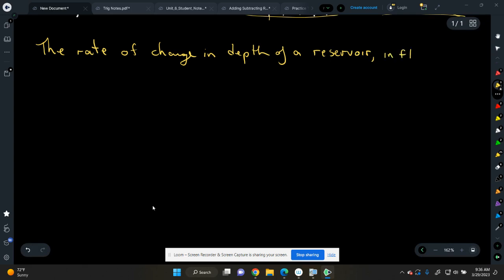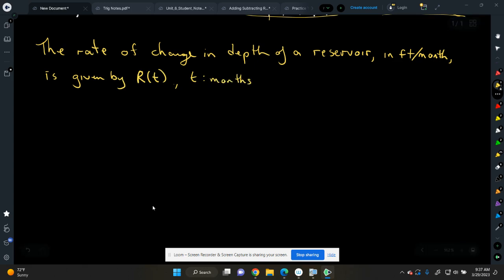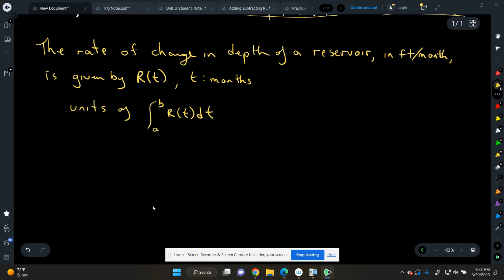In feet per month is given by R of t. Okay. t is measured in months. What are the units of the integral from a to b of R of t dt?